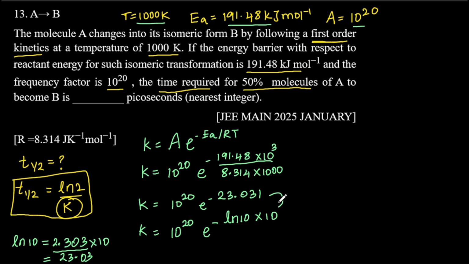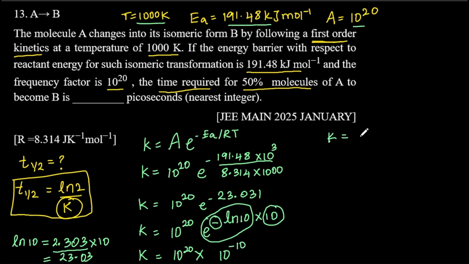So we have rearranged this as ln 10 into 10. So here you are having e power minus ln 10 into 10. So e power ln 10 can be written as 10, and in power you are having another 10, and minus is also there. So 10 power minus 10.